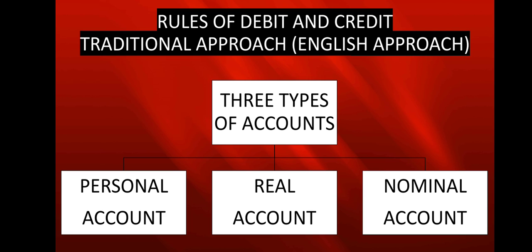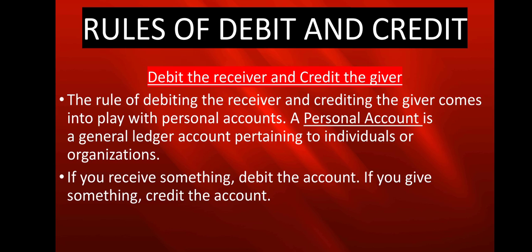When I say personal account, remember the meaning. It is those types of account that completely relate to a person, organization, individuals, etc. So let us see what is the rule of debit and credit under personal account. Debit the receiver, credit the giver. What is it, children? Debit the receiver, credit the giver.